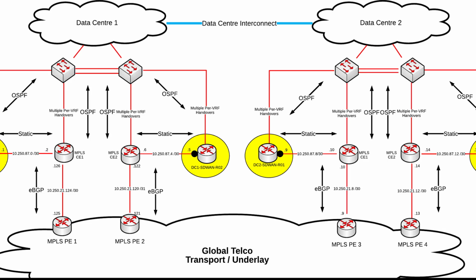So if you look at MPLS PE1 to MPLS CE1, we have 10.250.21.124/30, and then we have .125 as the PE, and then .126 as the CE.